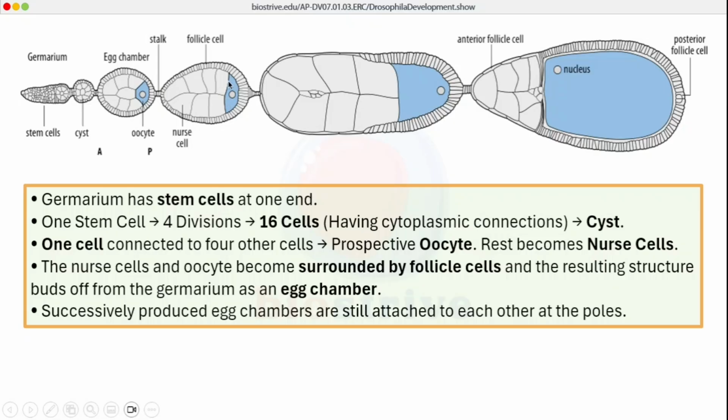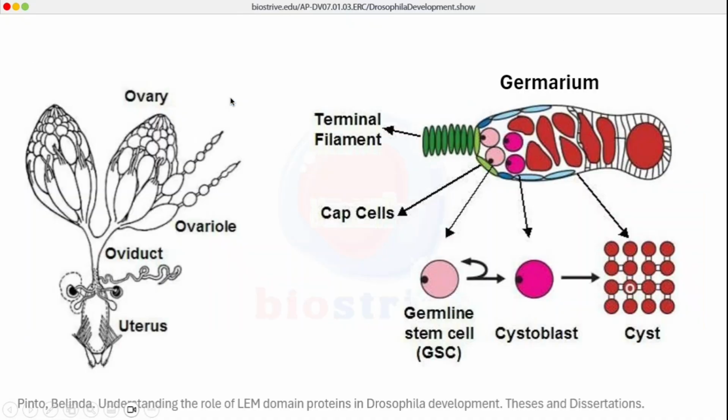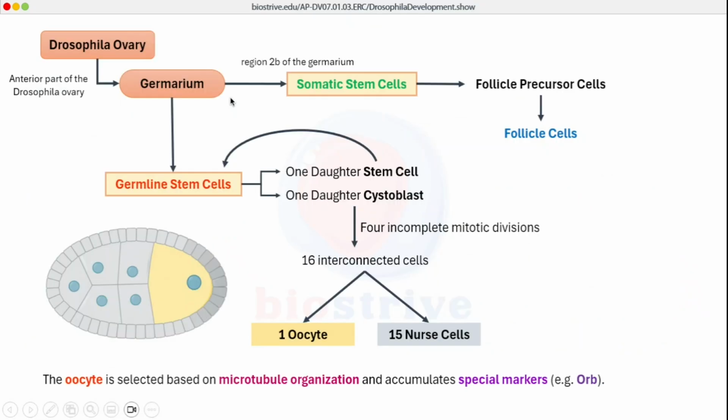The oocyte is shown in blue color, and the nurse cells surround this oocyte. In the germarium of the ovariole of the Drosophila ovary, we have germline stem cells from which we get one oocyte and 15 nurse cells.